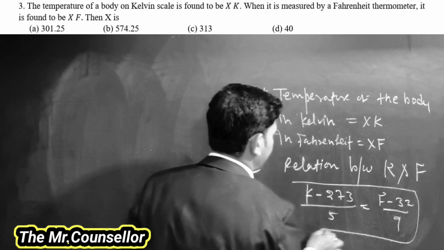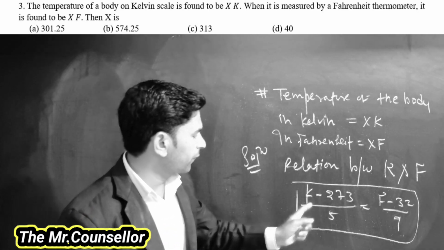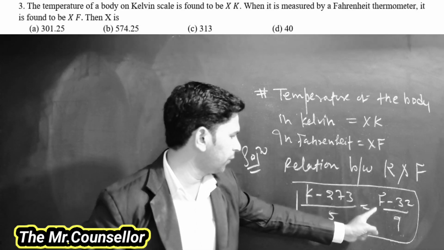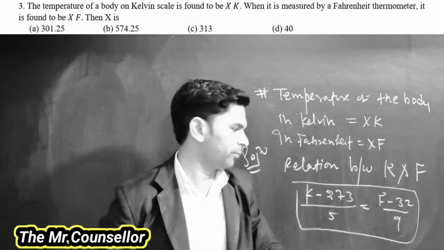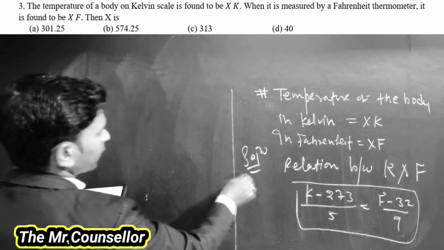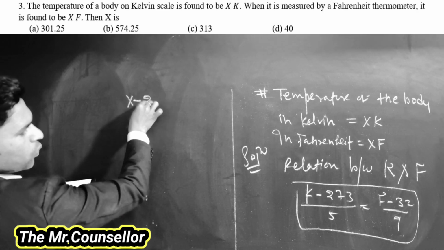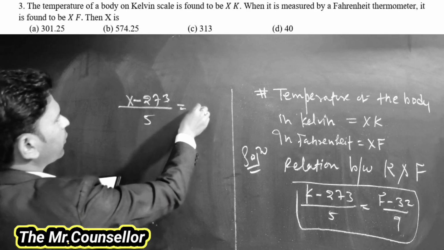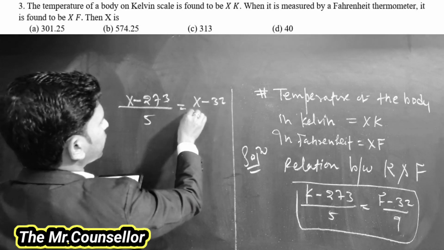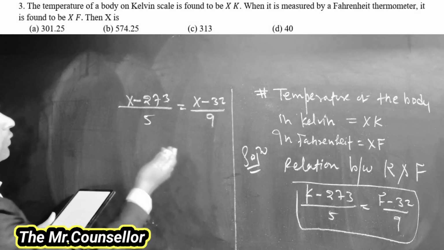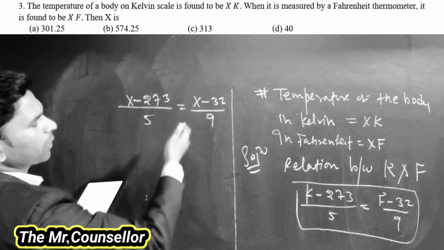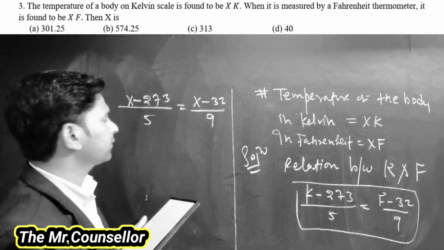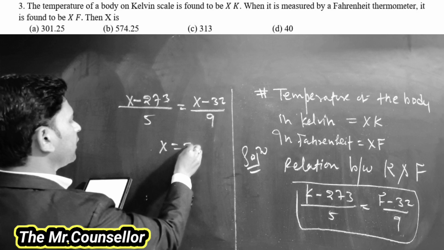In place of Kelvin, X Kelvin, in place of Fahrenheit, X Fahrenheit. So here X minus 273 divided by 5 is equal to X minus 32 divided by 9. Now you can solve this by cross multiplying, and you will get the value of X as 313.